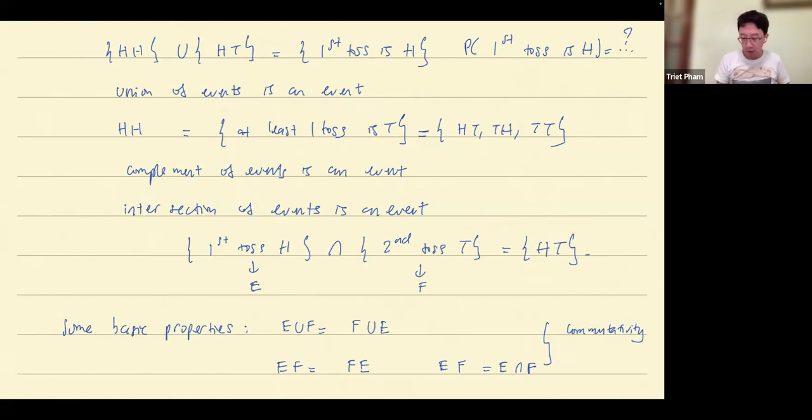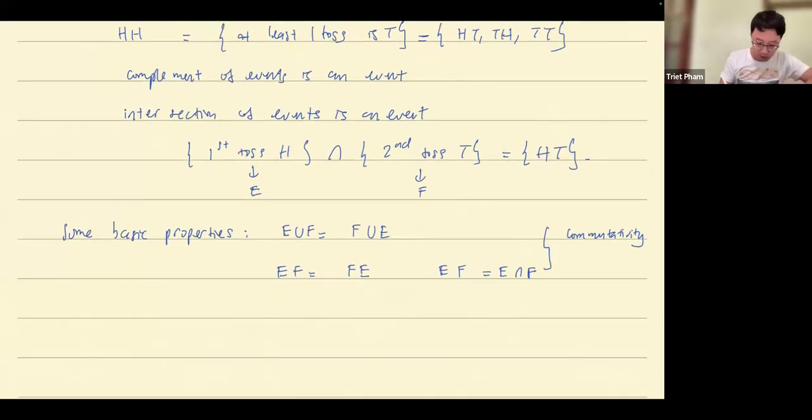Notice, of course, when we put F over here, because F is already saying second toss is tail, the order of F intersect E doesn't matter. Don't confuse it to say somehow F intersect E is going to be tail head. That's not true. In our language here, F is second toss tail, so it doesn't matter.